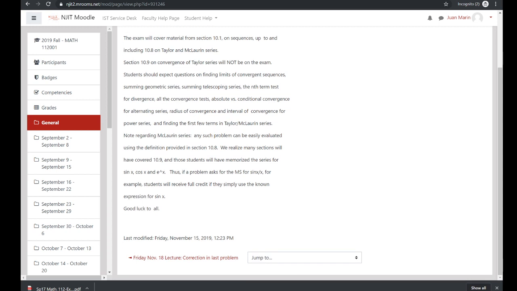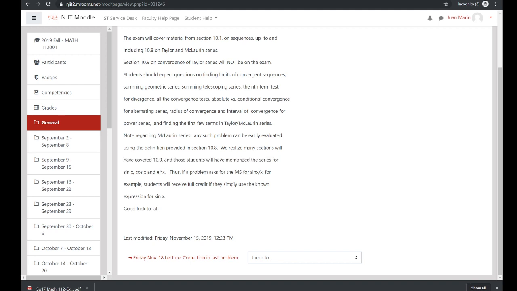So we're going to be expected to find the limit of sequences, work with geometric series, telescoping series, use the different tests for convergence and divergence, find the interval of convergence, radius of convergence, and find the first few terms of the Maclaurin-Taylor series.